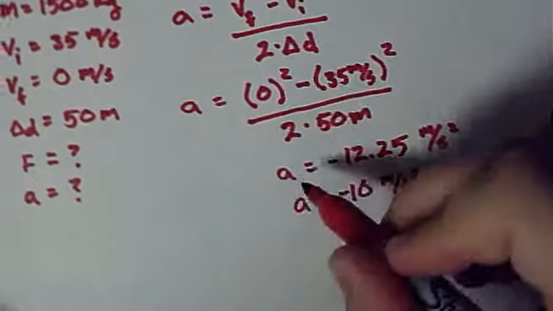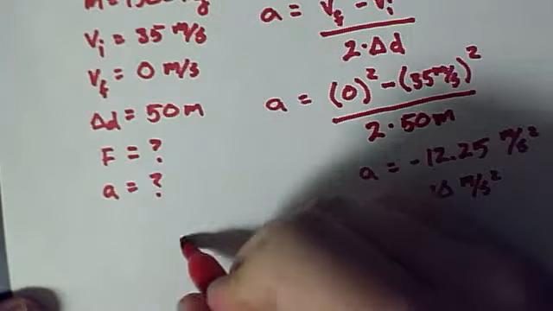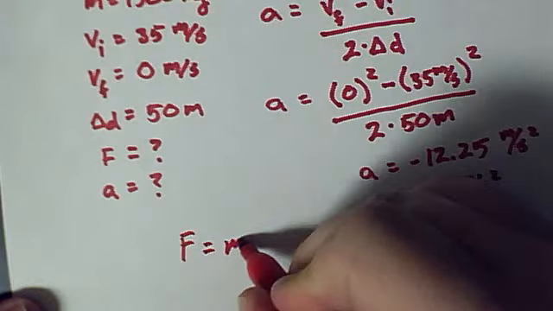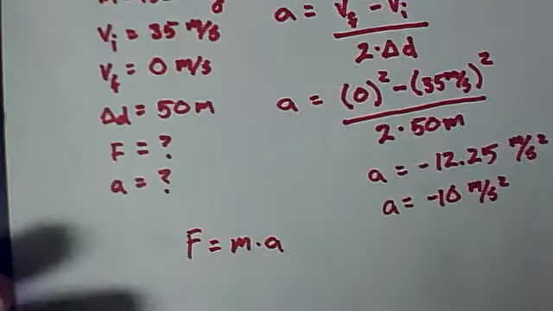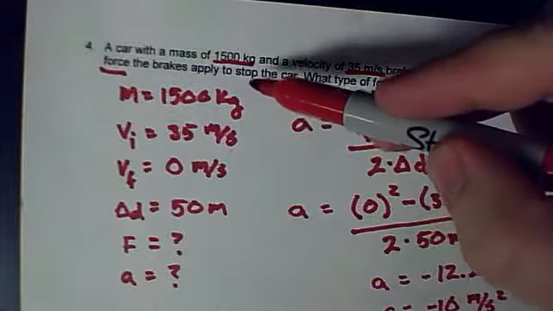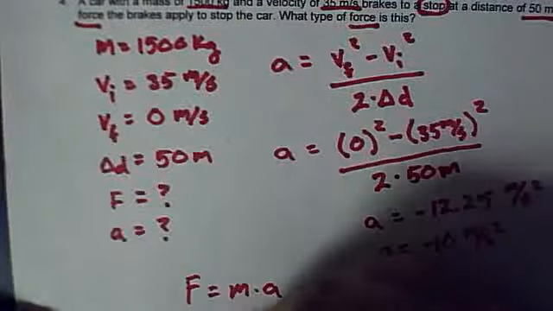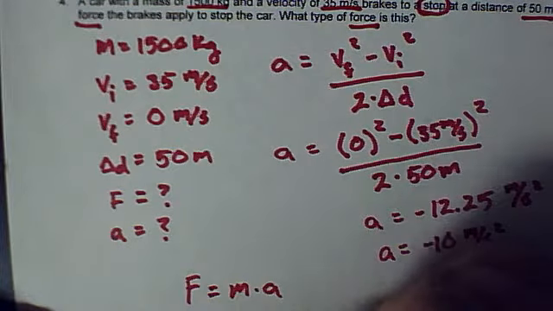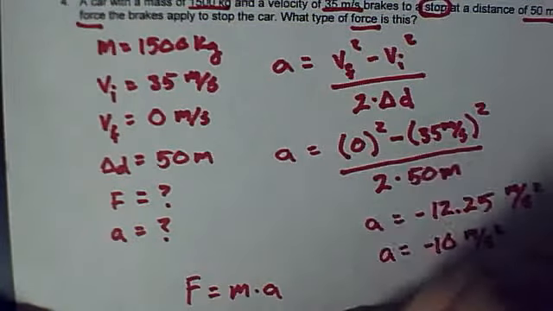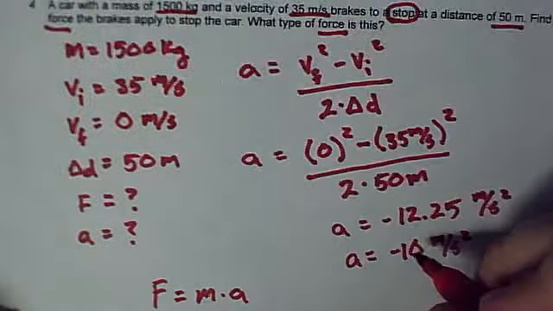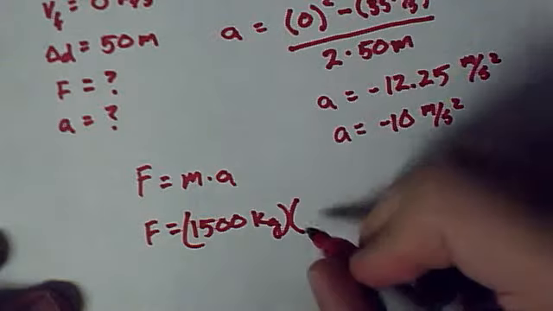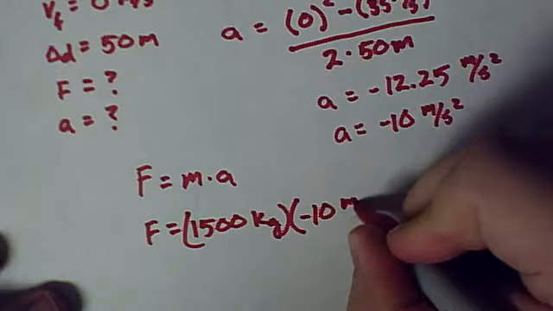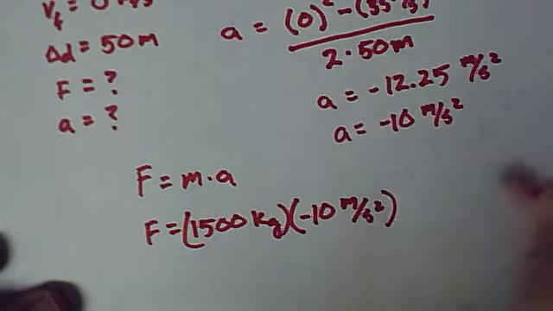Now that I know my acceleration, I can find my force, because force equals mass times acceleration, and my mass is 1,500 kilograms, so force equals 1,500 kilograms times my acceleration, negative 10 meters per second squared.